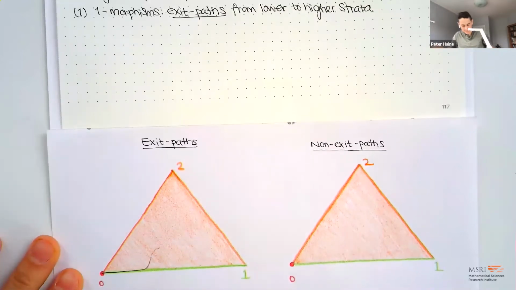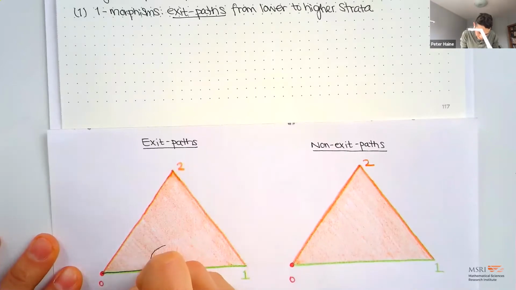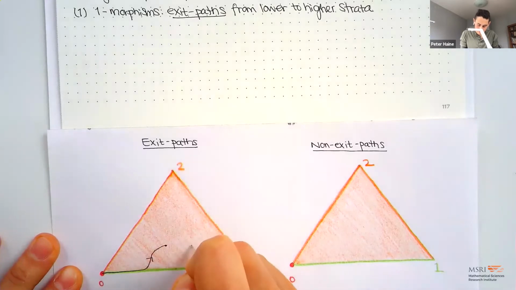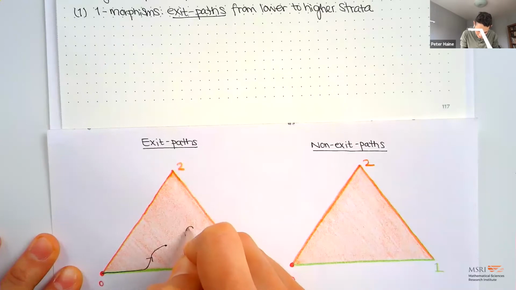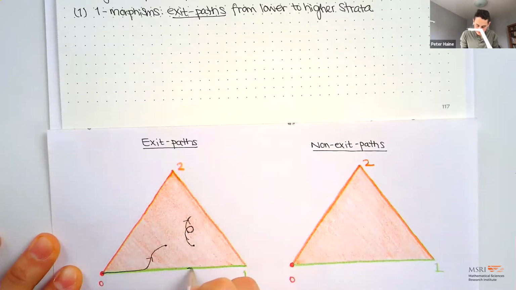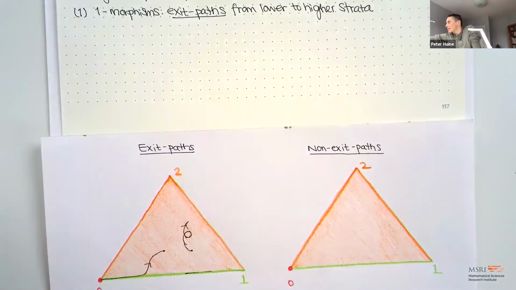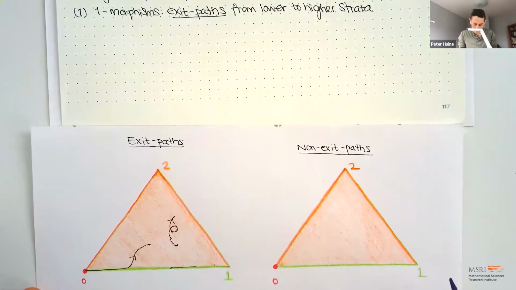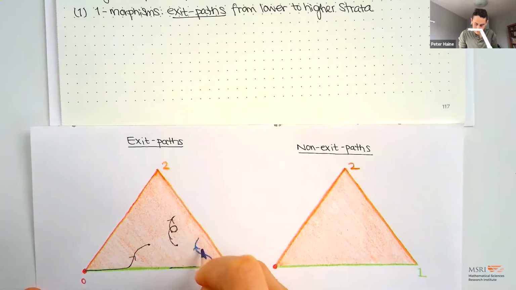My pen is dying again. That's allowed. I'd also be allowed to start here and do whatever I want, or start in here and just stay in there. Let me try to get some other marker. I'd be allowed to do stuff like that. I'd also be allowed to start here and exit like that.